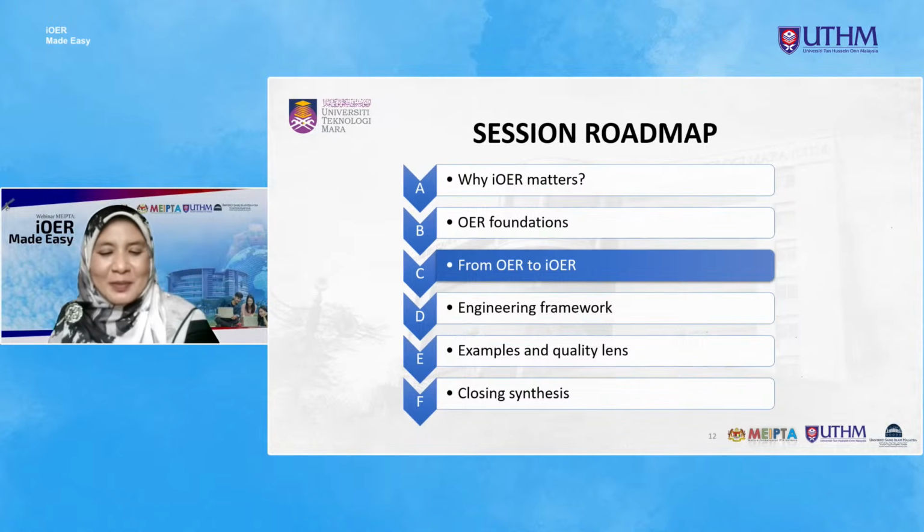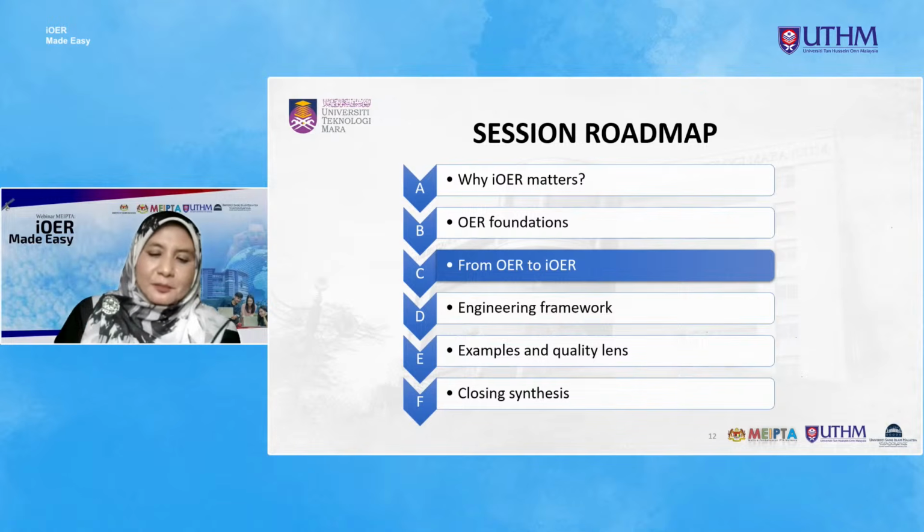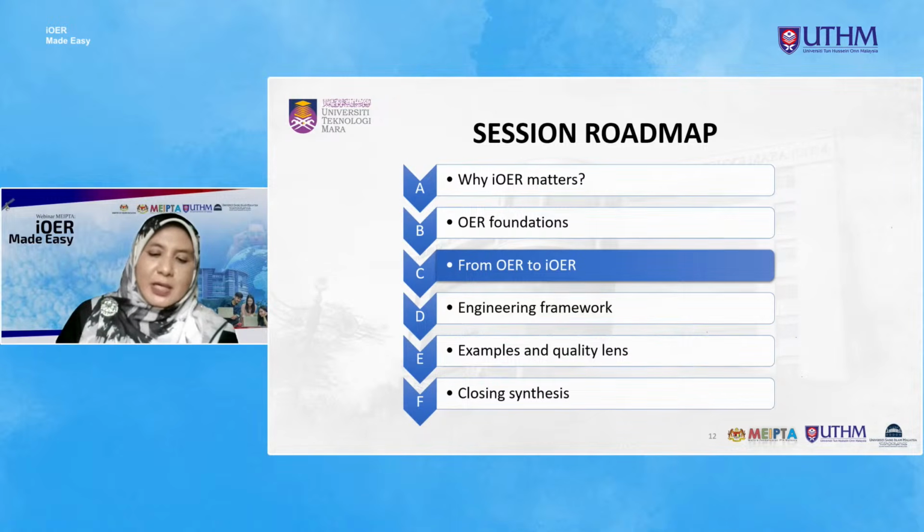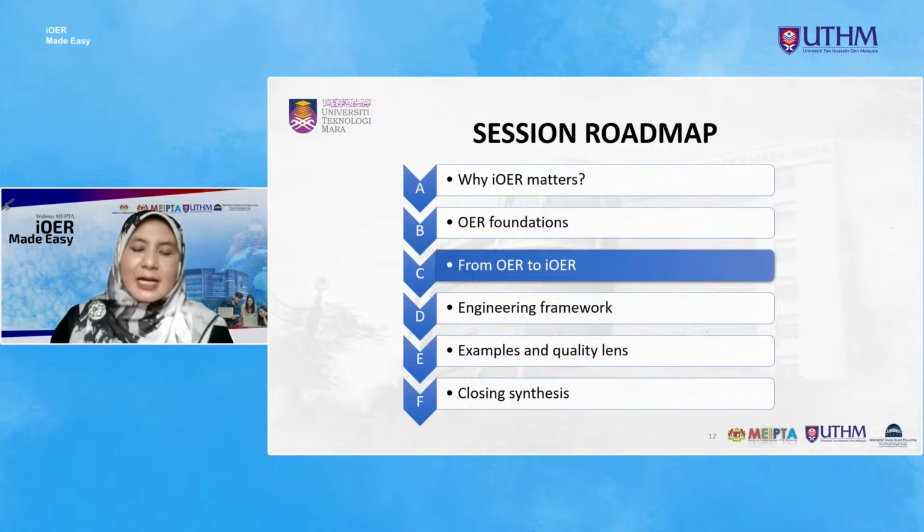So we need to understand the difference between the terms: open, accessible, inclusive. That is why we have the I in front of OER, the inclusivity. So we need to understand this first. What makes OER and iOER?